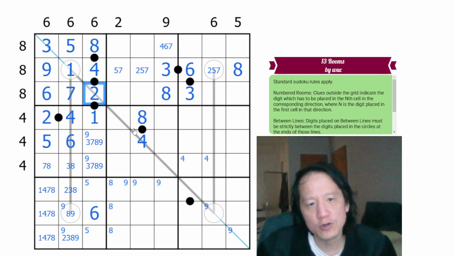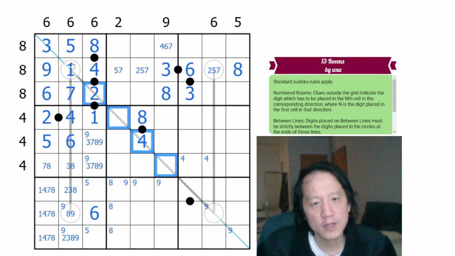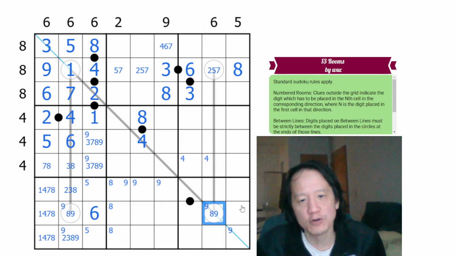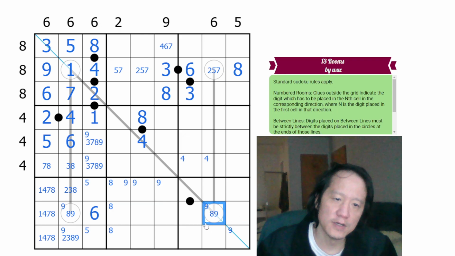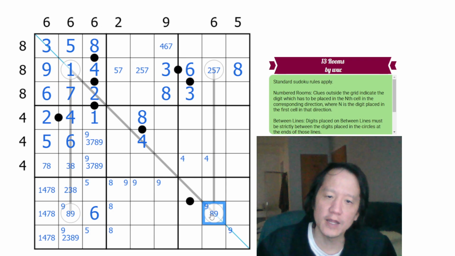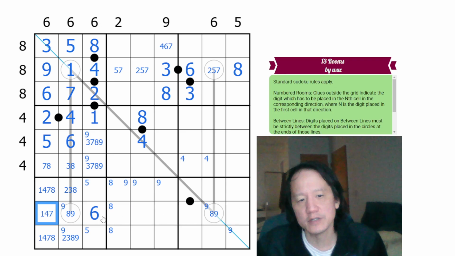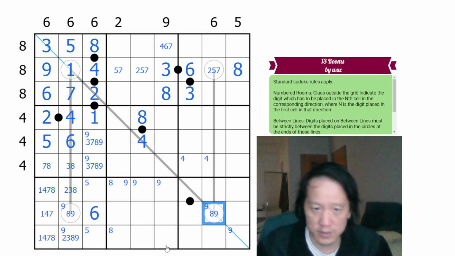Therefore, this must be 8 or 9. Therefore, we have an 8, 9 pair in row 8. The rest of the row cannot contain 8 or 9. So this can't be 8, and this can't be 8.